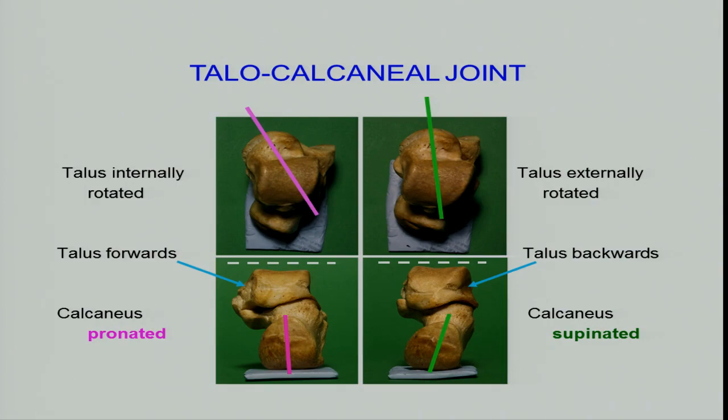So if the talus is to remain horizontal, the calcaneus has to supinate beneath it. The outer part of the talus is pushing the calcaneus down into supination because it's climbing up the slope of the articular surface on the lateral side.